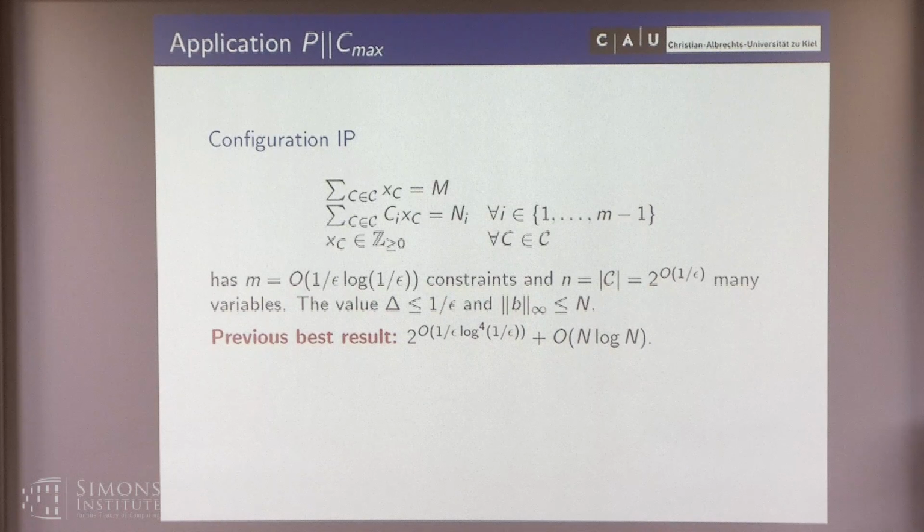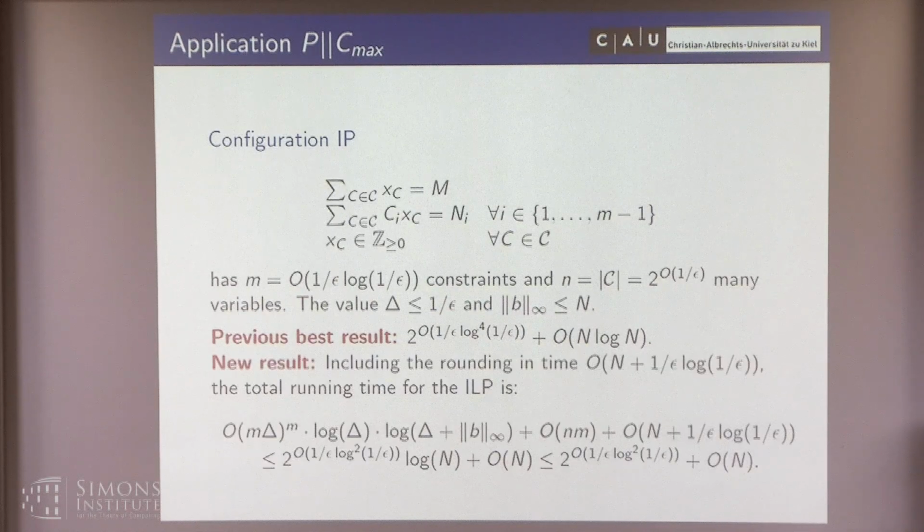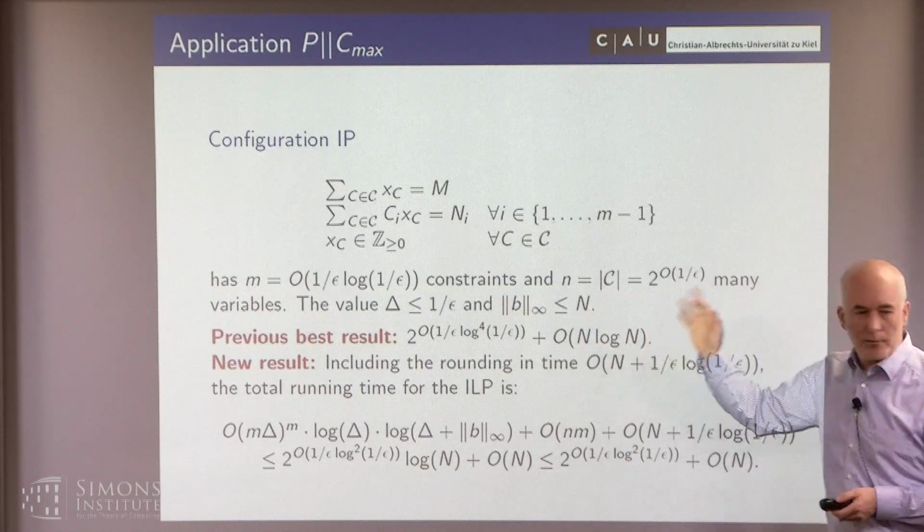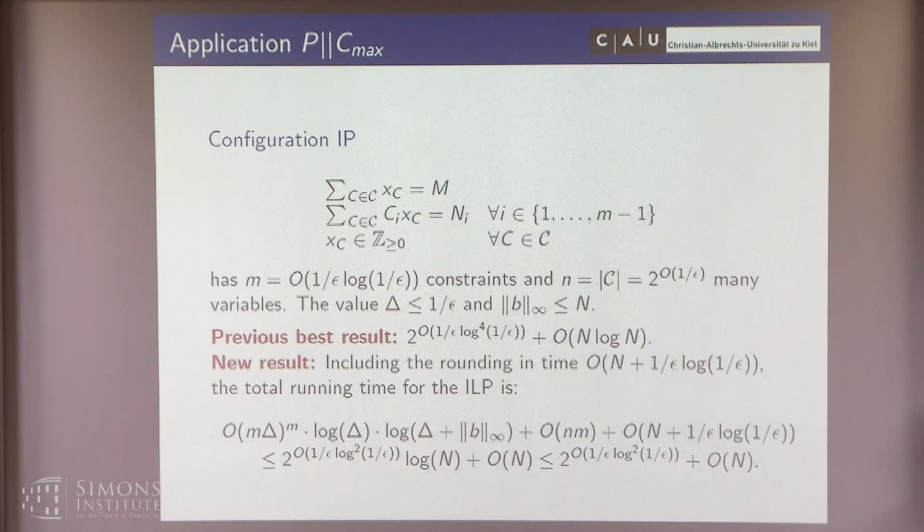And if you use the algorithm here now, that gets much easier and direct. So using some pre-processing that also goes in linear time, we were able to improve this, but this is another story. You get this running time finally by simply plugging in the results for the feasibility problem.